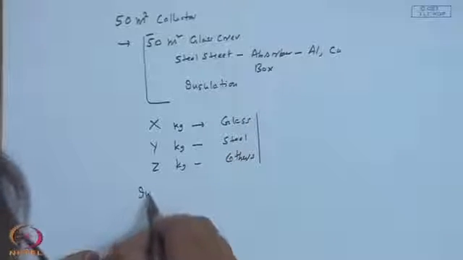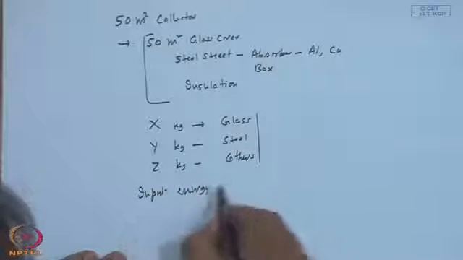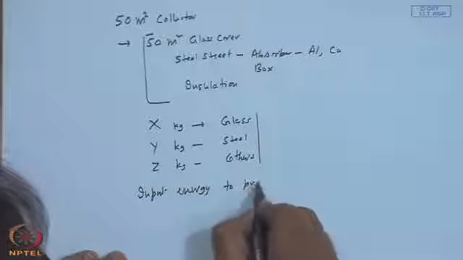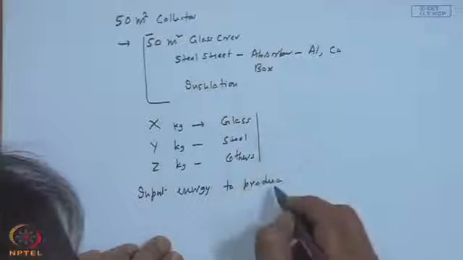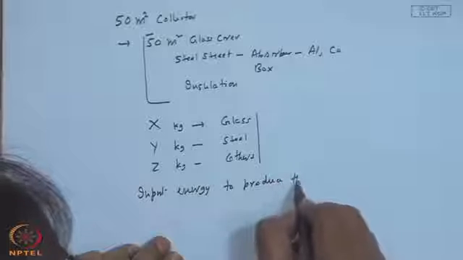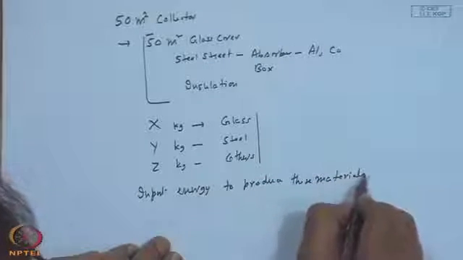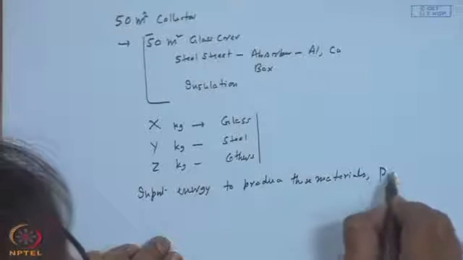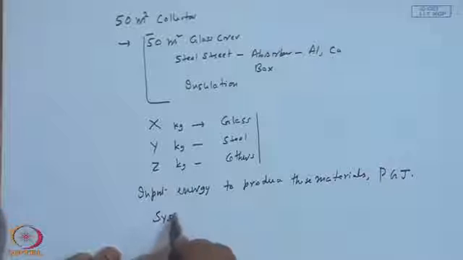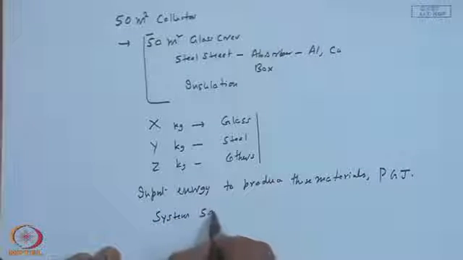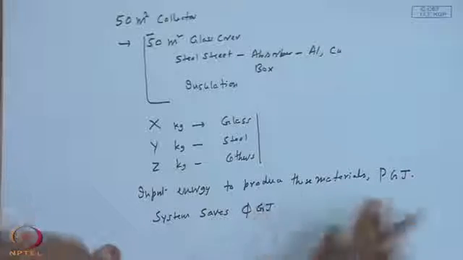The input energy to produce this material, in addition of course, the power required in making etcetera, you can add, is some P gigajoules, and the system saves say Q gigajoules.